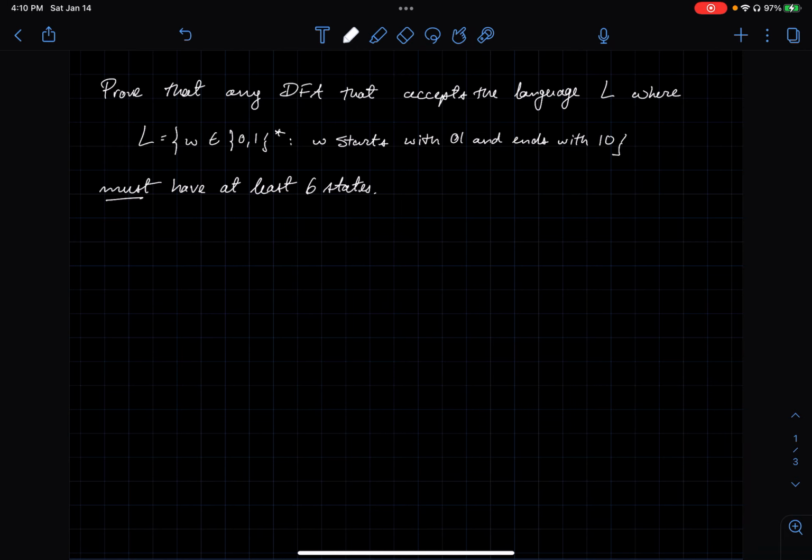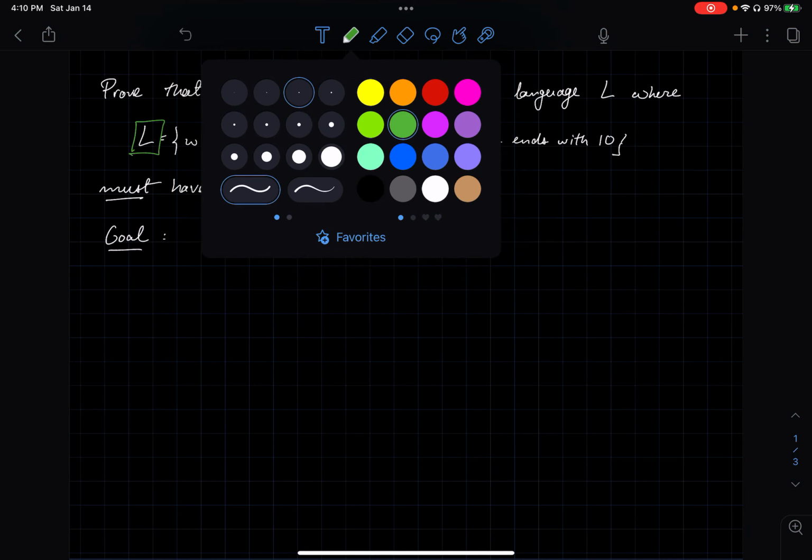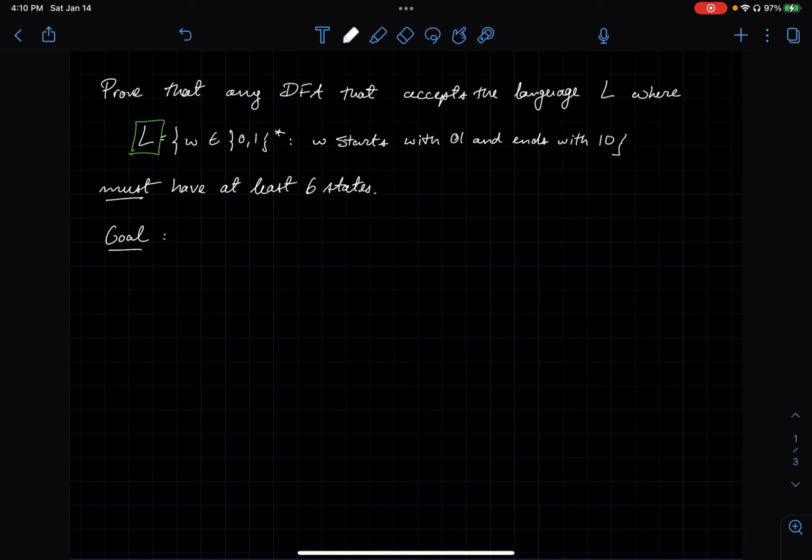Okay, so what's the general idea? So first of all, what's the general goal? The goal really of what you want to do. And when I talk about the language L here, I'm going to be in particular referencing this L. Okay, so what I want to do here is I want to show that any DFA M such that the language accepted by M is equal to L, right?